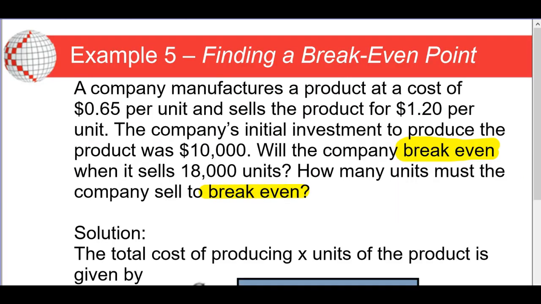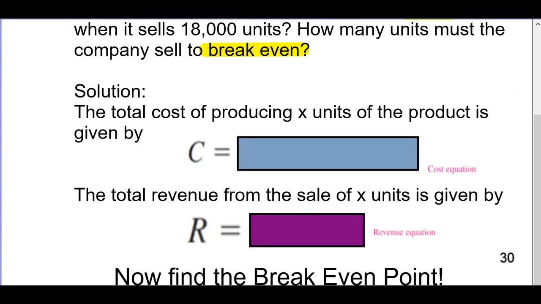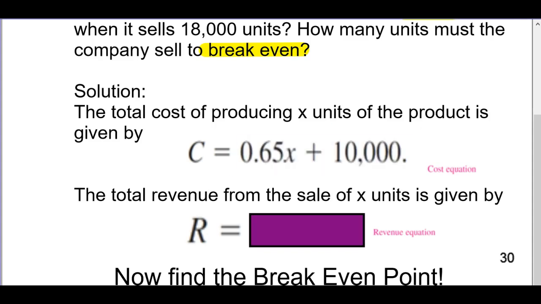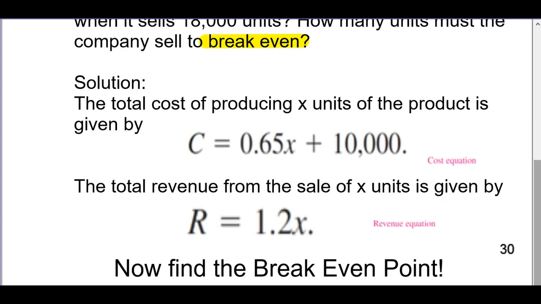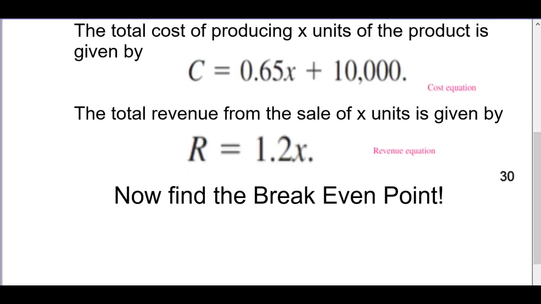Profit's different than cost. But again, to find a break-even point, I would simply, in this case, they're saying, when does my cost function equal my revenue function? And again, you could do that mathematically by simply setting the two functions equal together.